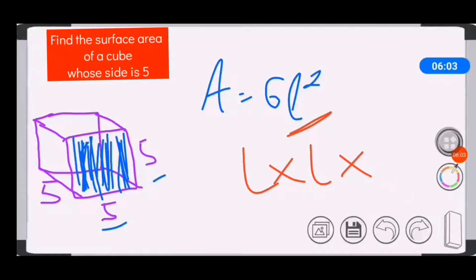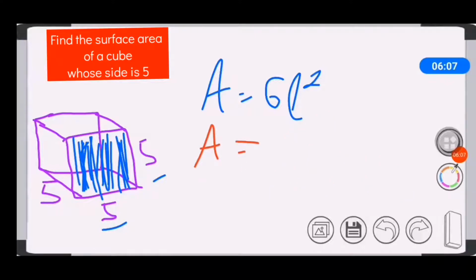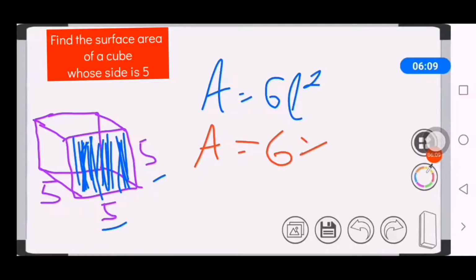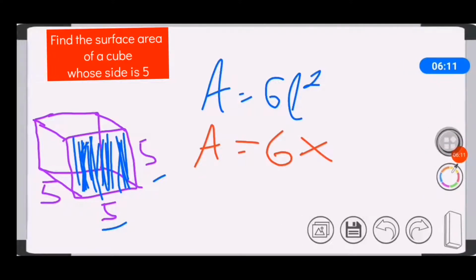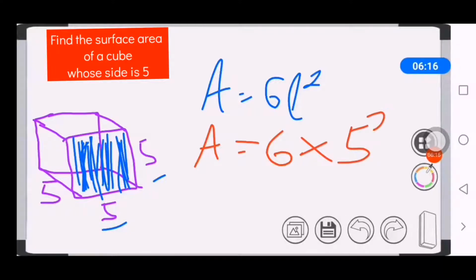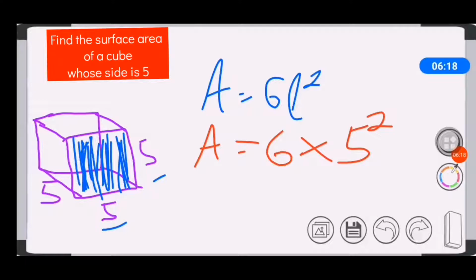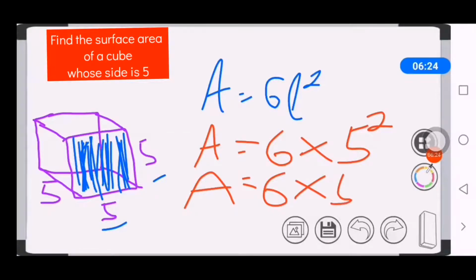All right, so we are going to have our area as 6 times our L squared, which is 5 squared, right? Okay, so we can expand our L squared to get 5 times 5.